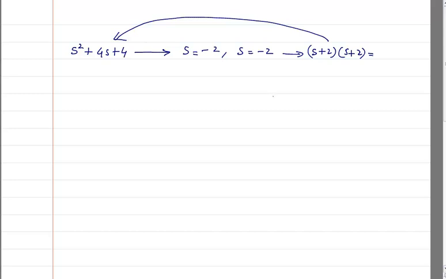Similarly, let's take another case. Suppose I have s square plus 6s plus 6. What is the form that you will get in this case?